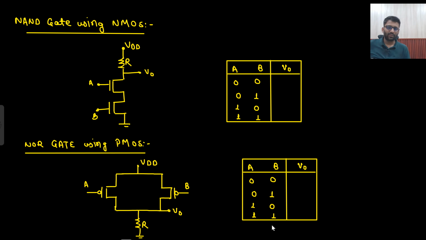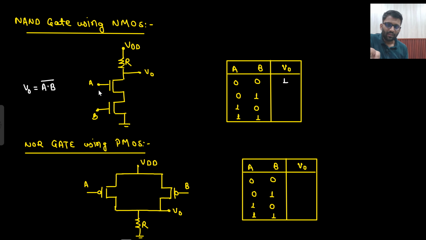Okay, let's solve this. So what will be your V naught? I told you one thing, in series they will be multiplied, A dot B, and since they are connected to ground, I will put a bar. Or otherwise forget about it, I will just solve it here. Both are 0 0, that means both will be open circuited, so VDD will directly travel here, it will be 1.